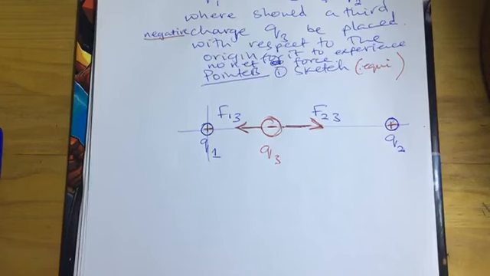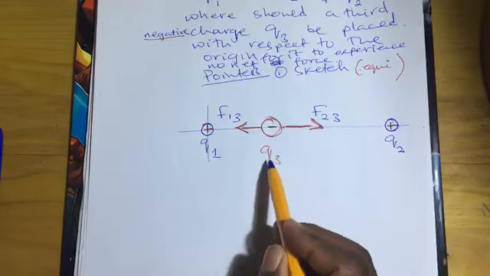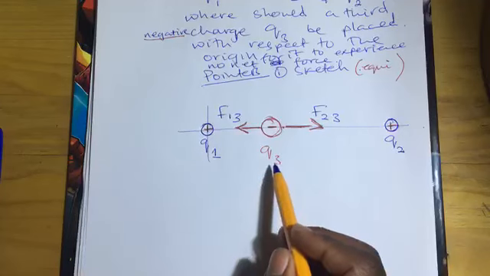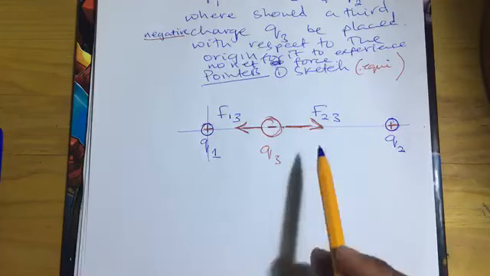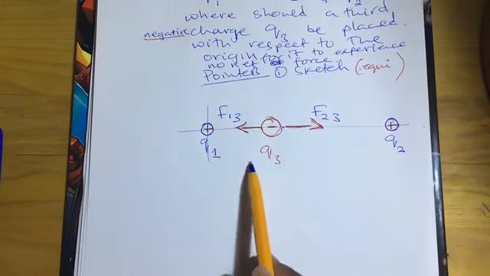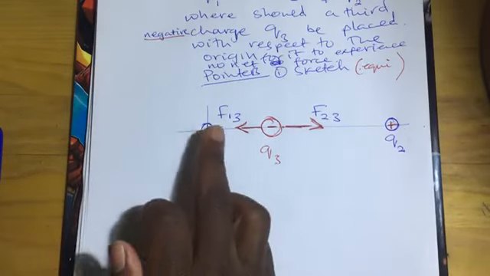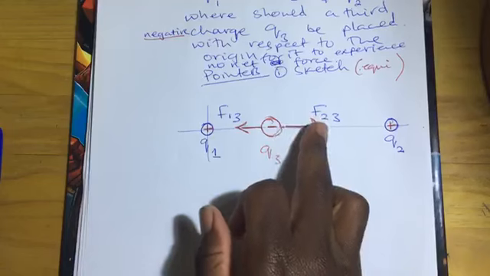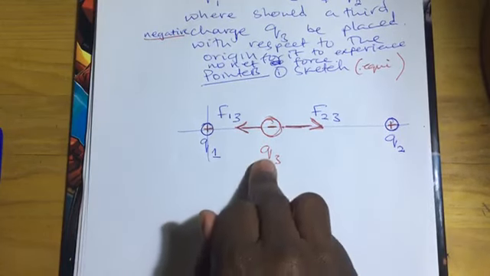Now, for Q3 to be at equilibrium, what do you think should be the relationship between F13 and F23? Like for Q3 to remain where it is.